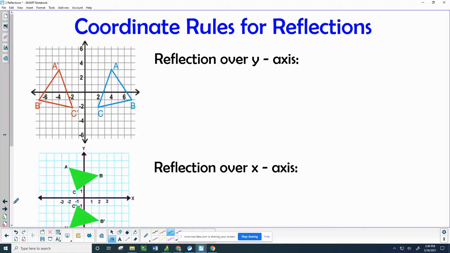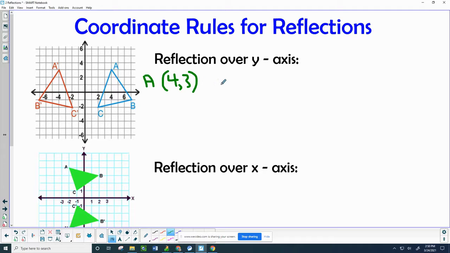Okay, so the coordinate rules for reflection. So what we're going to learn about is some rules. When you flip from one side to the other, something happens to the coordinates, and we're going to mention that. So if we take a look at it, on this first one, we've got A equals 4, 3. So 4, 3 is the coordinates of A right there.